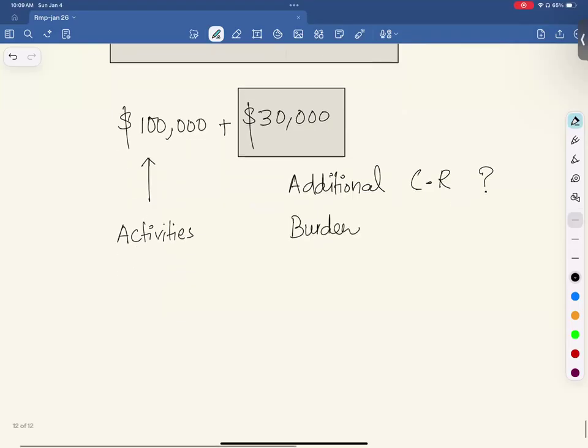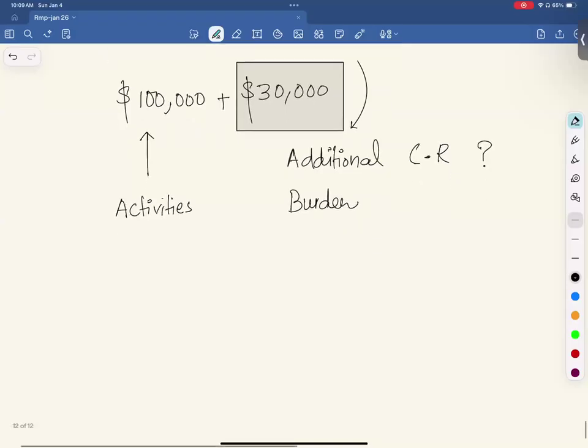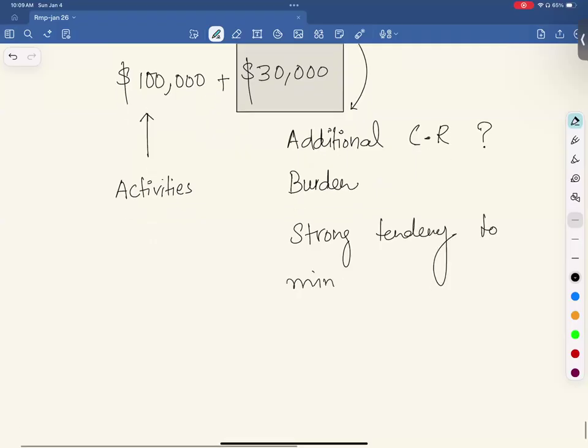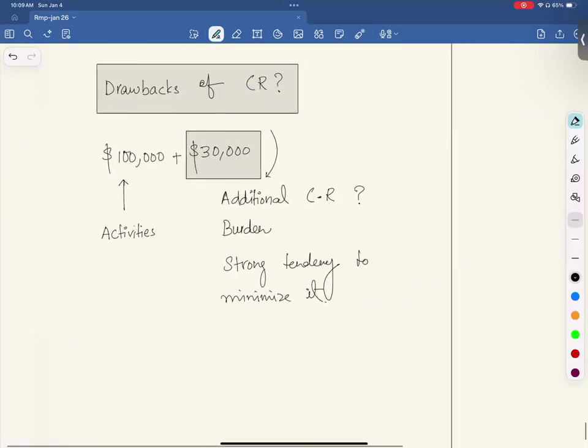So management wants to reduce it, like minimize it. There is a natural or strong tendency to minimize it, right? And when you minimize it, you're not able to respond to risk. So this is the negative side of contingency reserve.